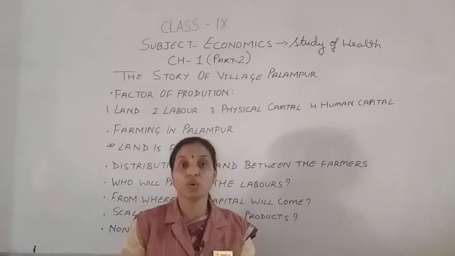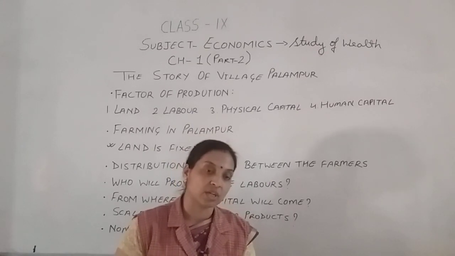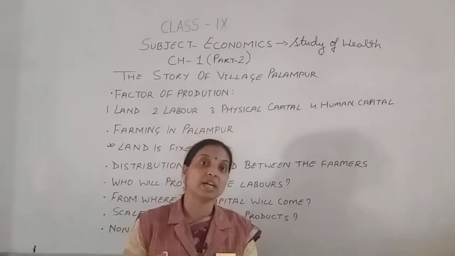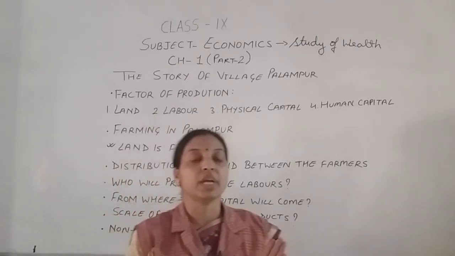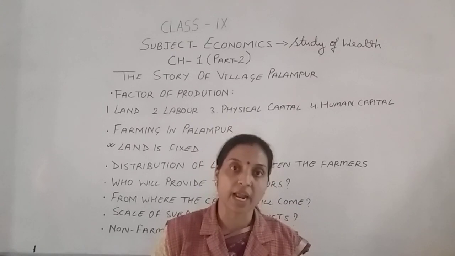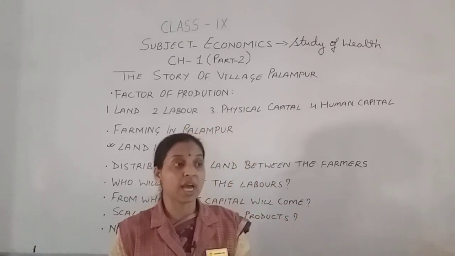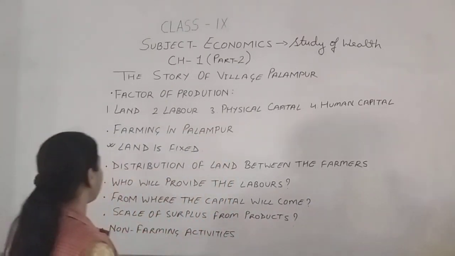A farmer who has less than 2 hectares of land is called a small farmer. One more group of farmers in village Palampur is called landless farmers. It means landless farmers don't have any quantity of land. They work as laborers in the village. Here that part is mentioned.